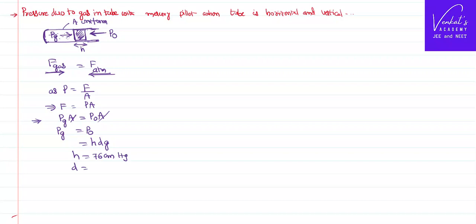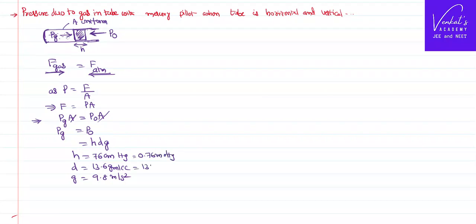The barometer is used to measure this. Density of mercury is 13.6 gram per cc. Acceleration due to gravity is 9.8 meter per second square. So this 76 becomes 0.76 meters of Hg.